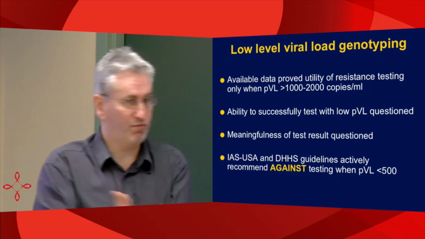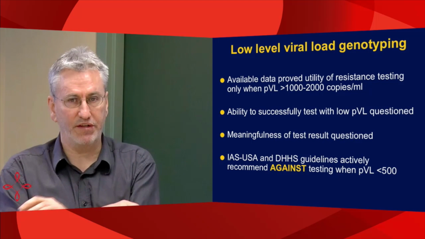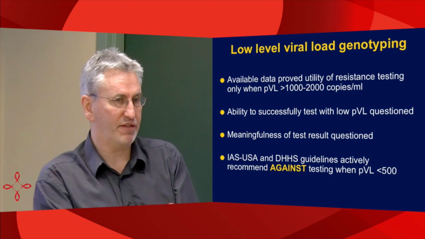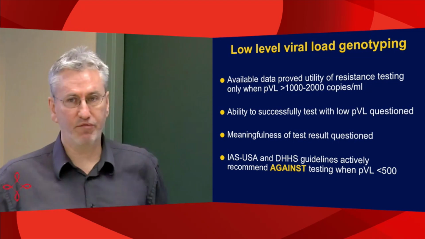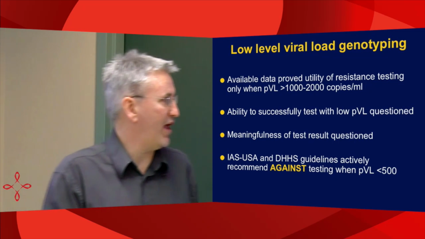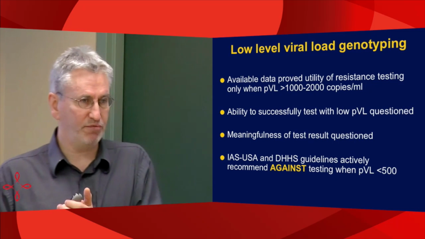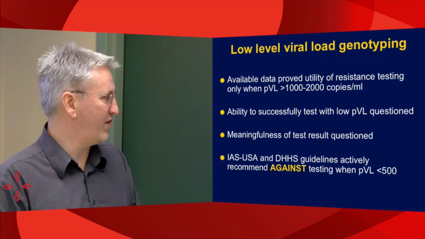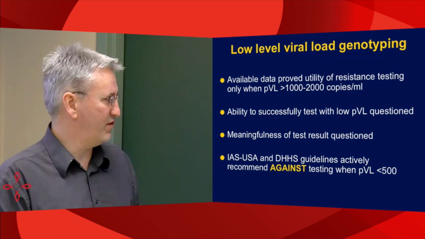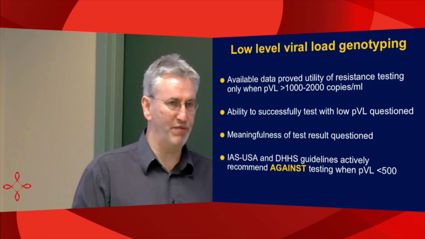And that's largely because that's where the bank of evidence to say that resistance testing was a useful thing sort of ended. So there was the guidelines question whether it would be possible to do low-level viral load testing and whether the test result was meaningful.